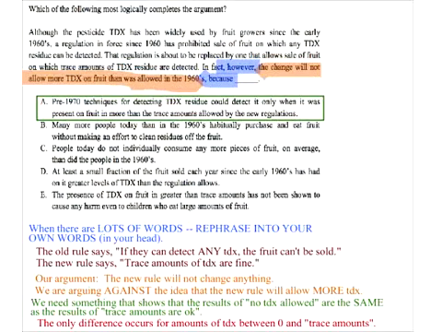Okay. The only thing that's different in this argument is for really tiny amounts of TDX, because for anything more than trace amounts, both rules are the same, so that's not an issue. So the only difference is that the new rule allows amounts between 0 and trace, and technically the old one doesn't.